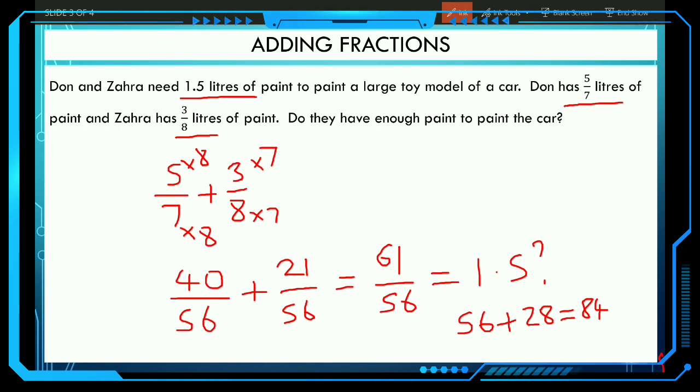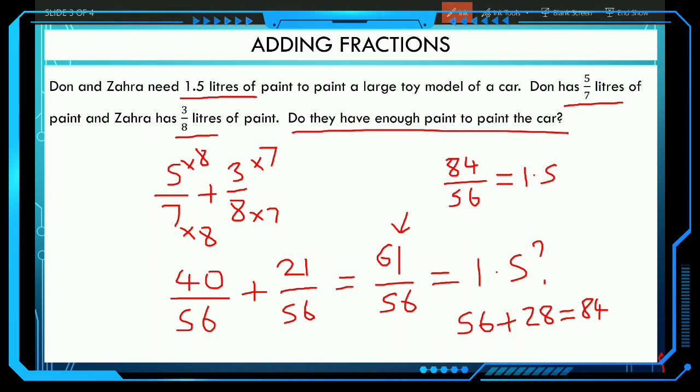Now, if my top number here, my numerator, was 84, then my question would be 84 over 56, and that would equal 1.5. Now what we've got to ask ourselves is, do they have enough paint?